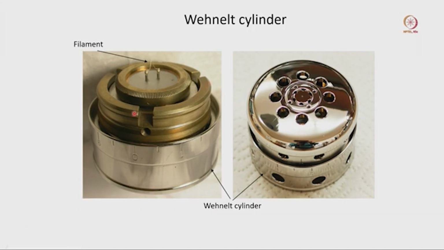Here you can see the tungsten filament which is connected with the high tension, and this is the filament tip which is mounted in this cylinder, where the top part is open, that's why we can see the filament. Here you can see the cover of the Wehnelt cylinder, where the filament comes out from this tip. This is the Wehnelt cylinder, which helps to pull the electrons out.